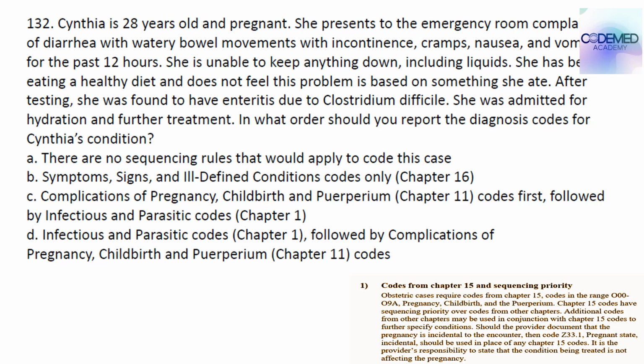So you have all these options, and by looking at them you will see that the first is complications of pregnancy, childbirth and puerperium. Here it is chapter 15. That code should be written first, followed by the infection and parasitic codes.